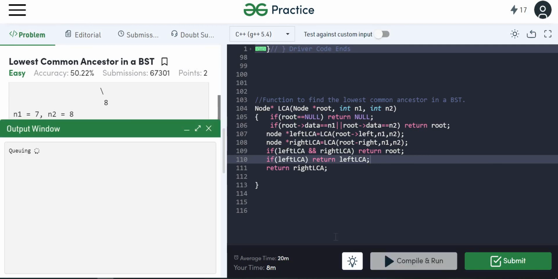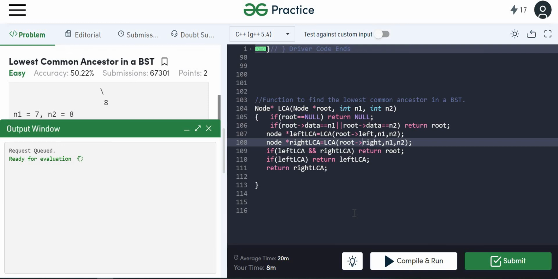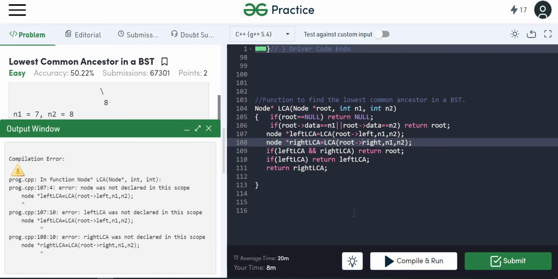So let's compile it. Sorry, here I made a mistake. The arrow symbol is not here. Okay, so here n should be in capital as given.